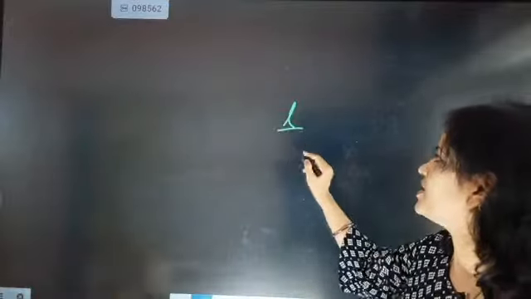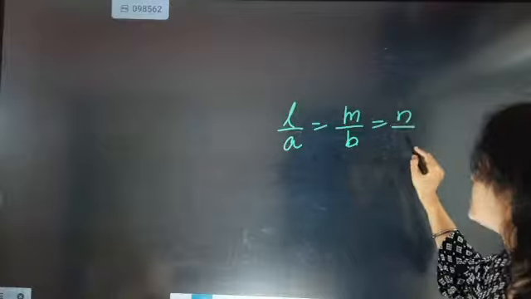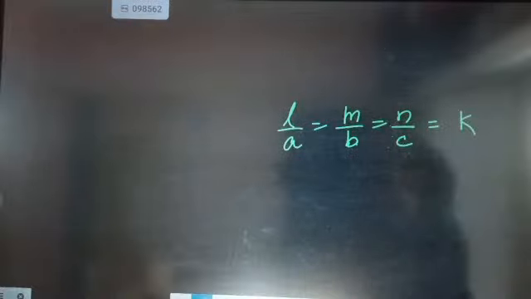Now the next point: if somebody asks how to find the direction cosine when a vector is given to you, you say please don't waste my time, do it like this and write it equal to k.